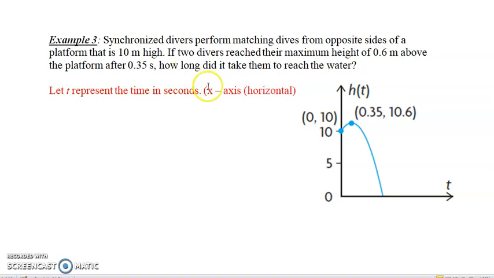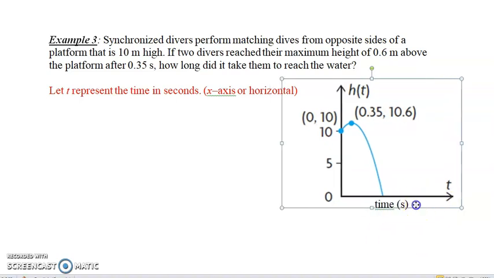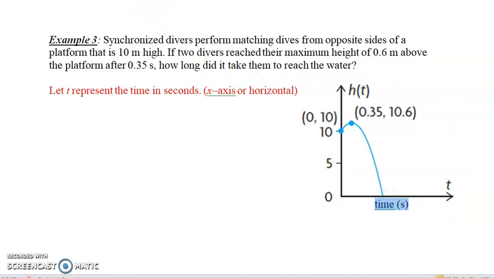So down here we call it time in seconds. That's how you would label your diagram.